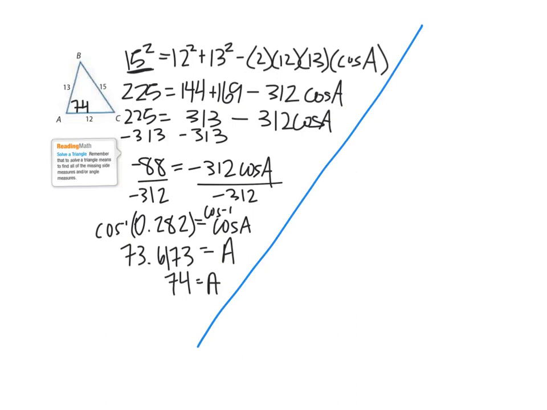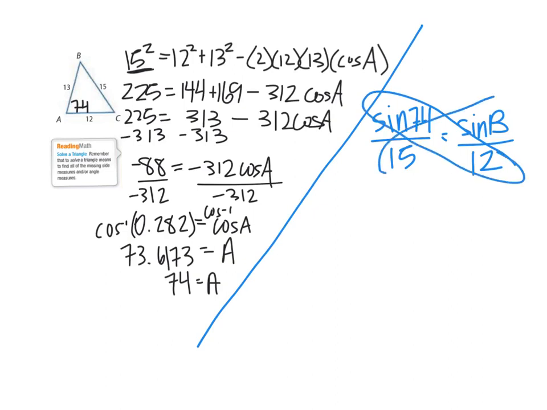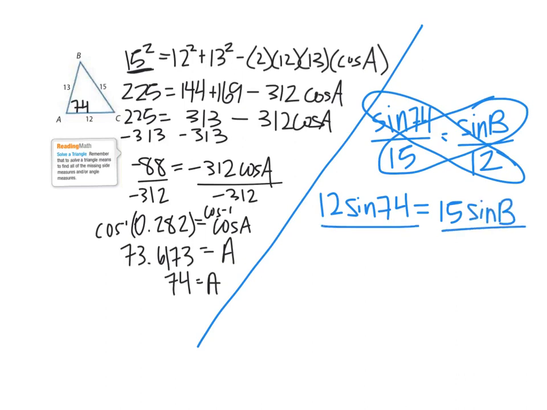To use the law of sines, I can set it up by saying that the sine of 74 over 15 is equal to the sine of angle B over 12. That's the law of sines. Now I can cross multiply. So 12 times the sine of 74 is equal to 15 times the sine of angle B. Then I can divide both sides by 15.